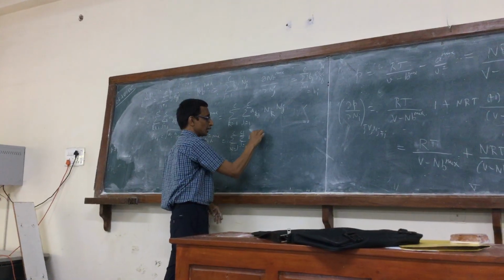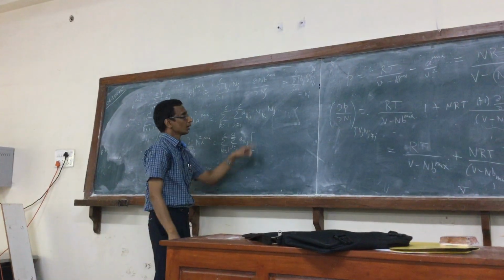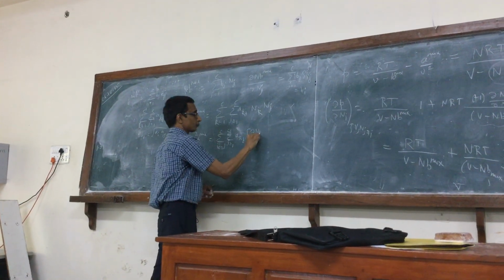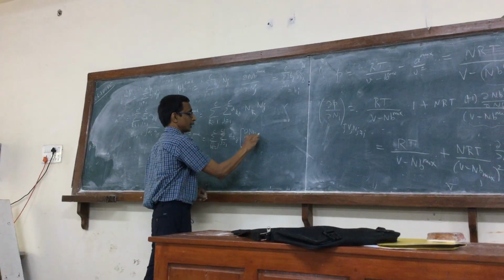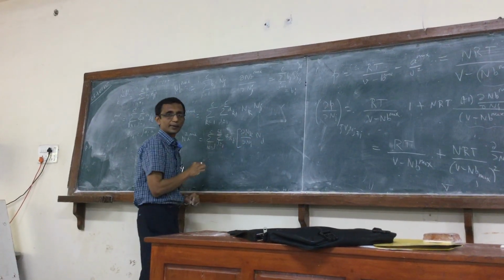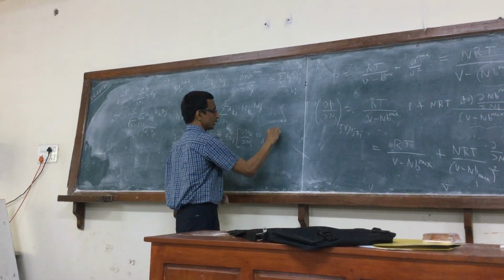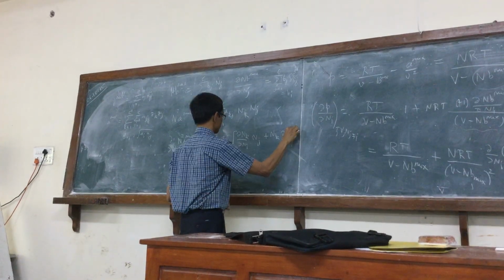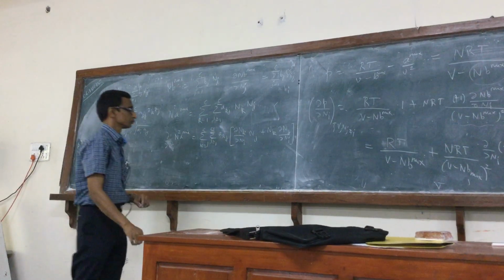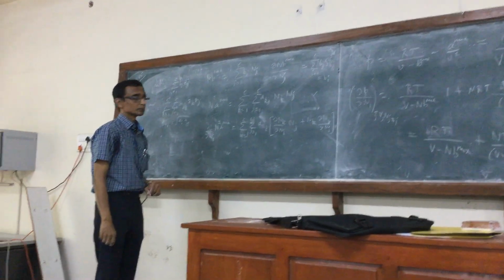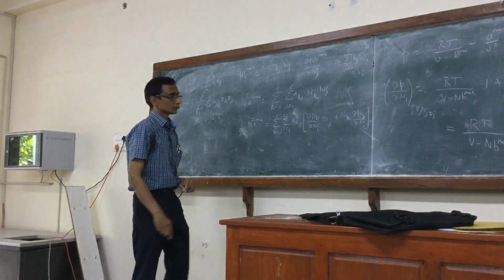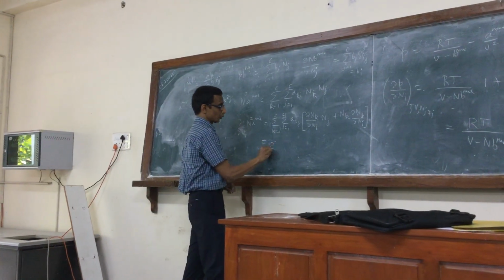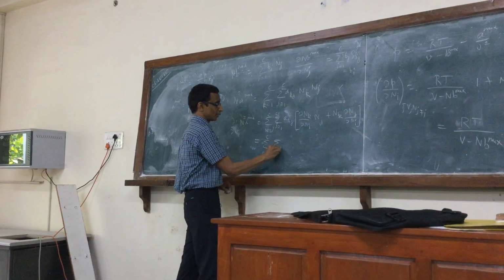So akj times dnk by dni times nj. The akj is a constant, plus nk times dnj by dni. So then this will become a sum of, I am going to write this as two separate sums.